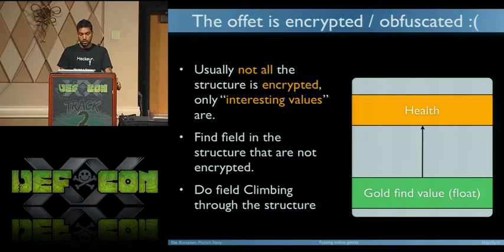For instance, in Diablo 3, the gold value is not encrypted in the player structure. It's actually a float. So you can find this value and then climb up or down in the structure to find the health value. And then you get the offset in this structure, and you can get the actual memory address.